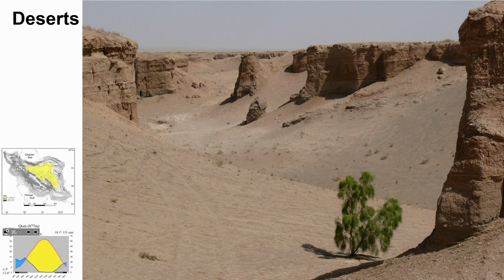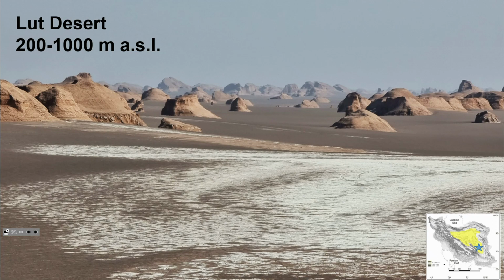So this is still the better situation, but we have some regions, for example, the Lut Desert in southeast Iran, where precipitation is very, very low. It is one of the driest and hottest deserts in the world. If you search, you will find this name.